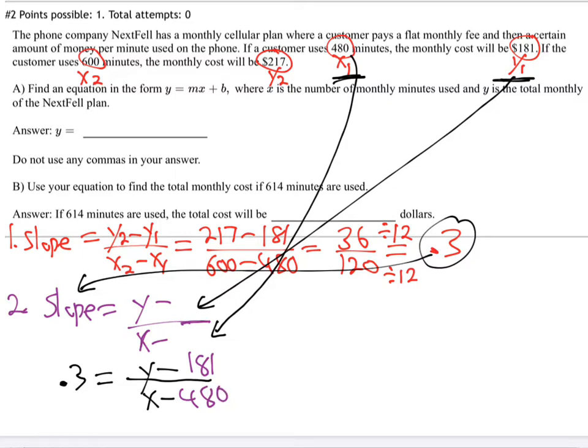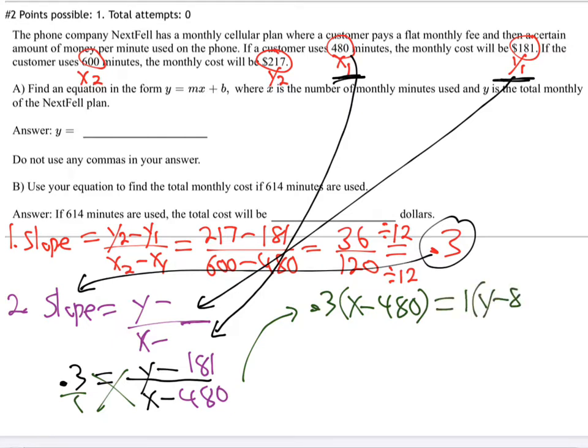What do we do next? Cross multiply. Put that 0.3 over 1. Diagonal, diagonal. Bring it up here. We get 0.3 times x minus 480 is 1 times y minus 181.